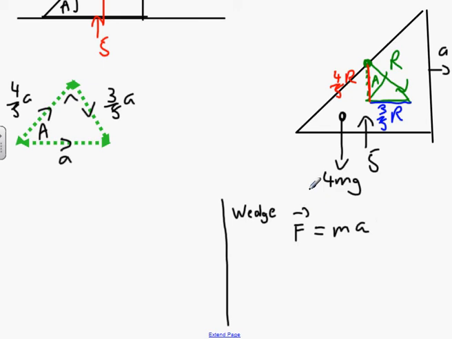Anybody? 3 over 5 R. And then ma, 4m. 4m is the mass, and then just the acceleration of the wedge, A. So there's your first one of them done there.